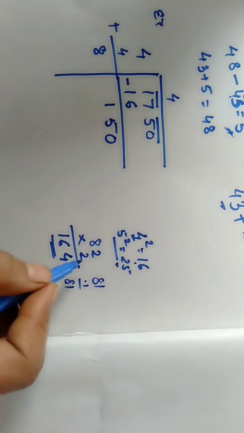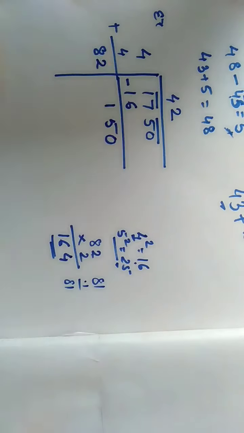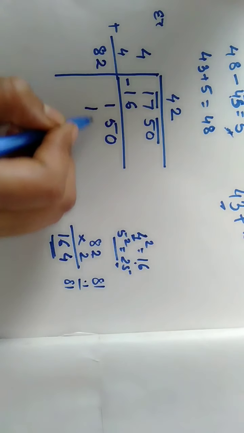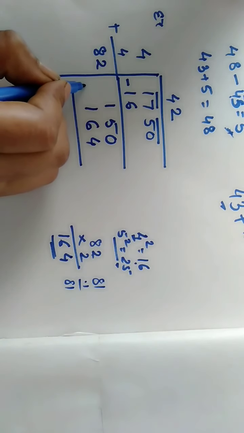So we write here as 2, here also we write as 2, 164, and then we find out the difference.